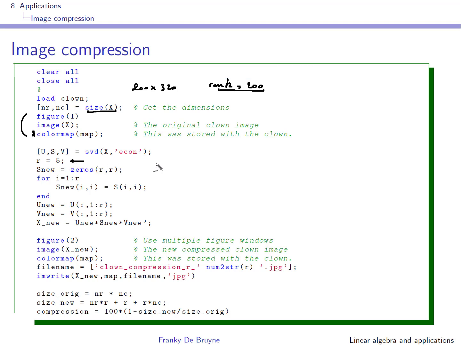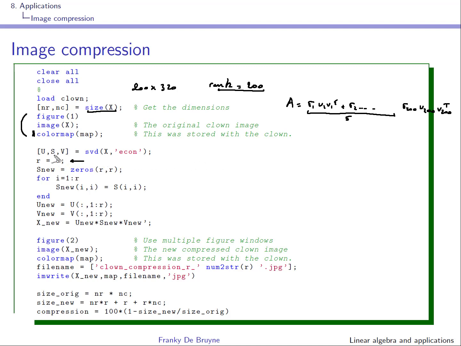A can be decomposed as 200 terms of the type sigma 1 U1 V1 transpose plus sigma 2 U2 V2 transpose, up to sigma 200 U200 V200 transpose. So if we take a rank 5 matrix, we take 5 terms in the sum. How can we do this?